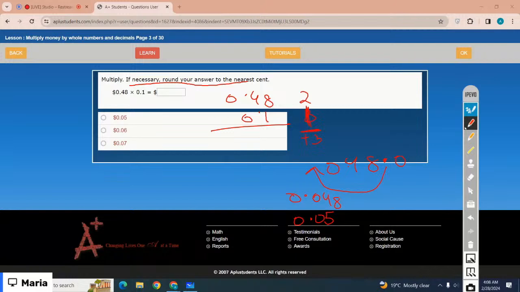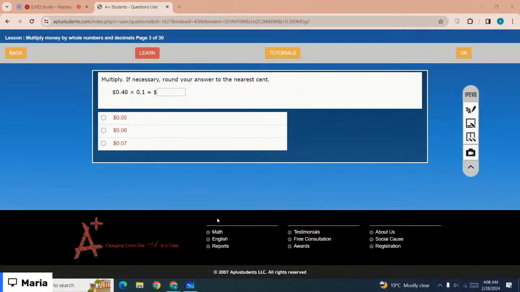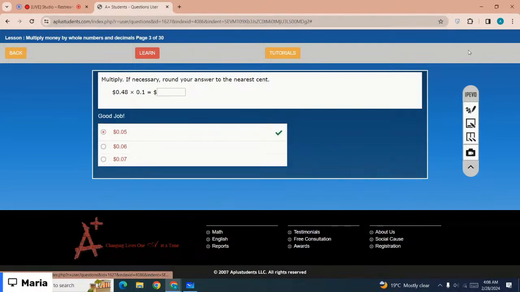Did you get the answer to your question now? That is because you need to round off the number also, right? So the answer is 0.05. Option number 1 is the correct option.